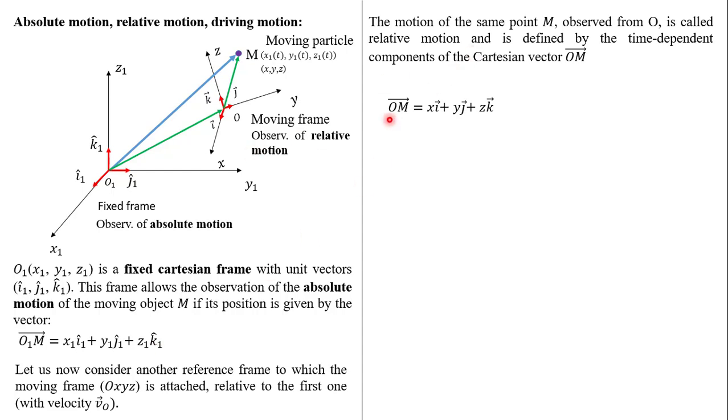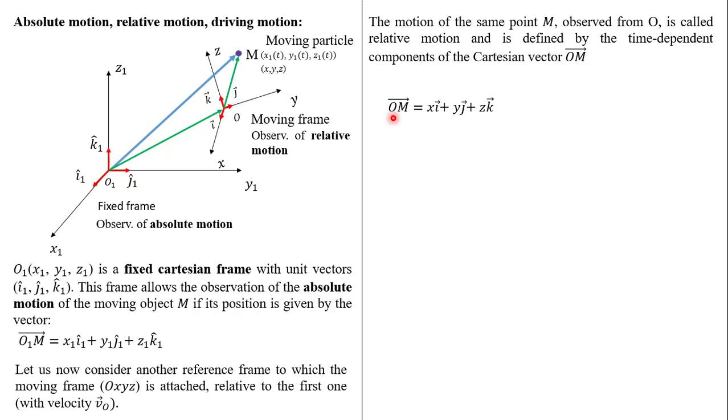OM can be written as xi plus yj plus zk. So when I say OM, it's the observer at O who is observing this motion. So we are talking about the moving frame that has as unit vectors i, j, and k.